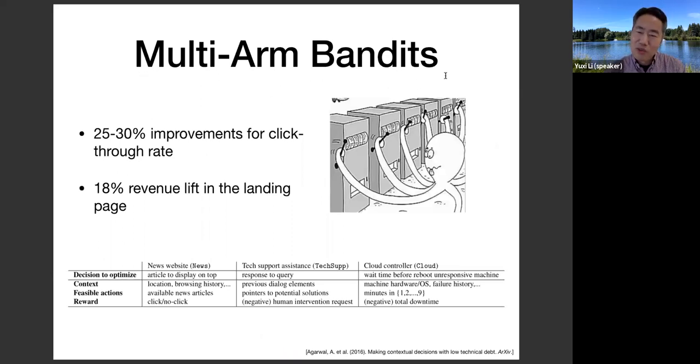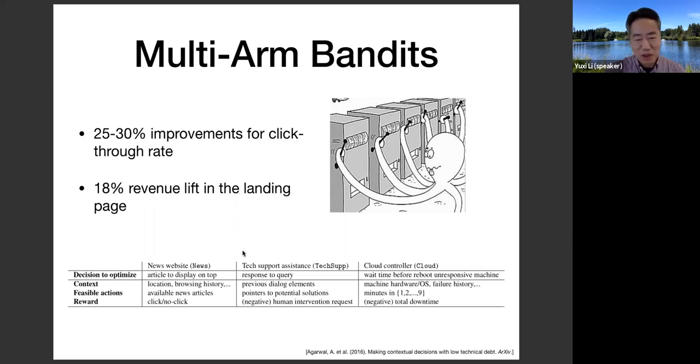There's something called multi-armed bandit, and there are already some applications, and one of them is from Microsoft. They apply it to, for example, click-through rate, for news recommendation and advertisement recommendation. They can achieve say 25 to 30% improvement. This number is pretty big actually, especially if you are thinking that's a billion-dollar business. And an 18% revenue lift in the landing page.